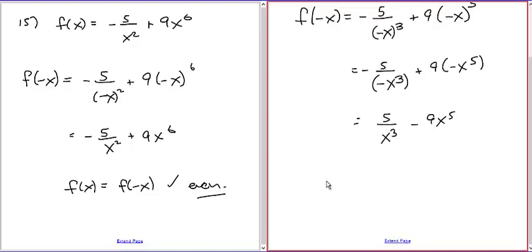So what we would say is that since f of negative x equals negative f of x, that meets the requirements for odd. And on the test, you're going to have three cases. One's going to be odd, one's going to be even, and one's going to be neither. So if you get two evens or two odds, you're doing something wrong.